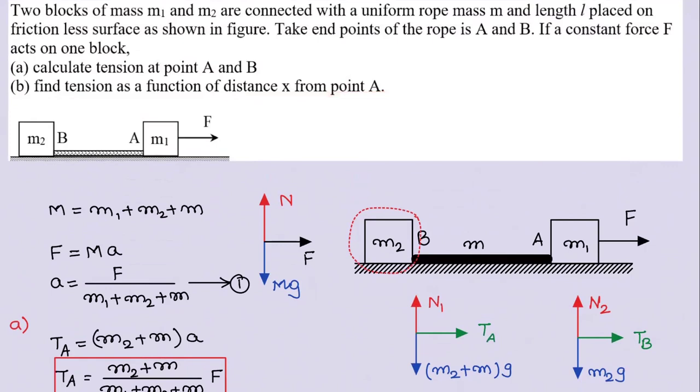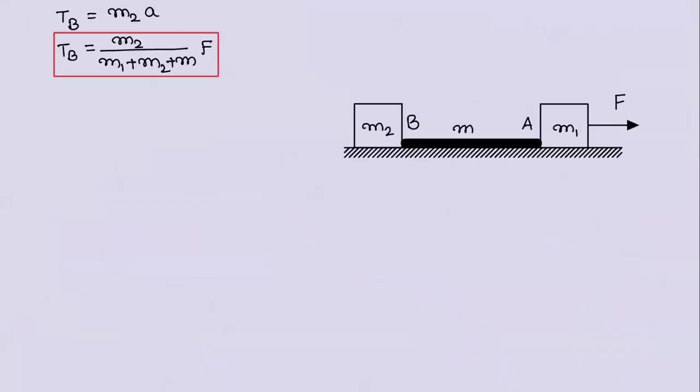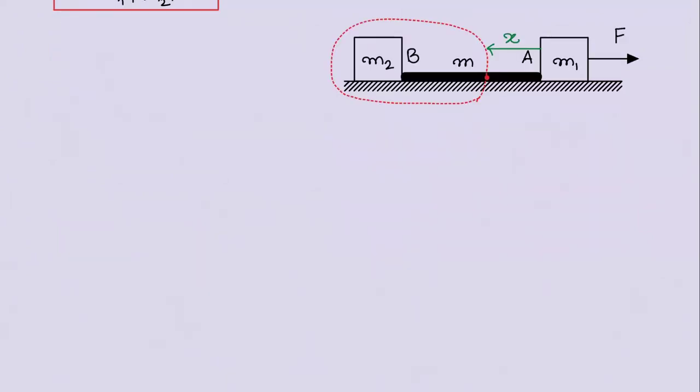To solve part B, find the tension as a function of distance x from point A. We'll copy the diagram once again. Then let us take a point on the rope, some random point. I'm taking this one, the red color point, and assume this point is at a distance of x from A. At this point, we need to take this entire mass.